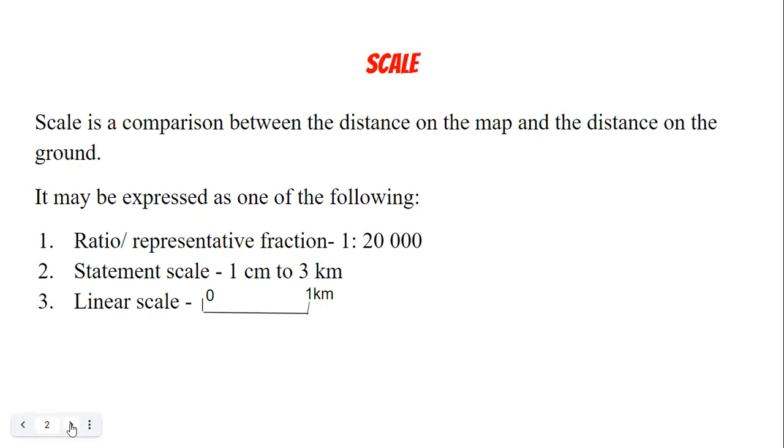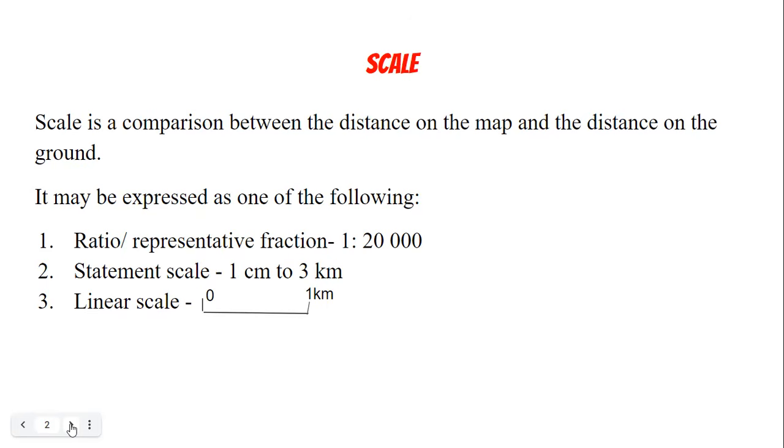So when you get your map in your exam, I want you to look and see if you can identify the scale. Now, the scale might be expressed as a ratio, or we also call it representative fraction. It might be expressed as a statement, or it might be expressed as a line.